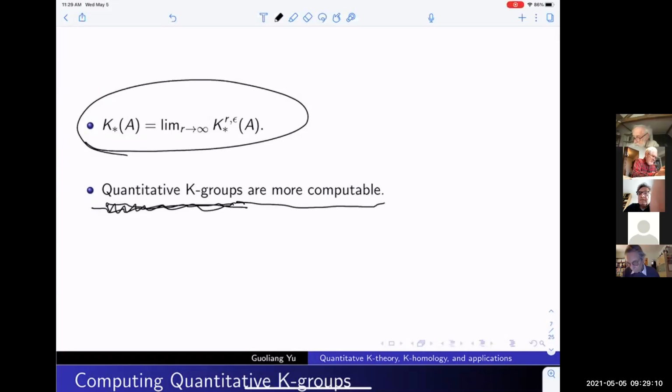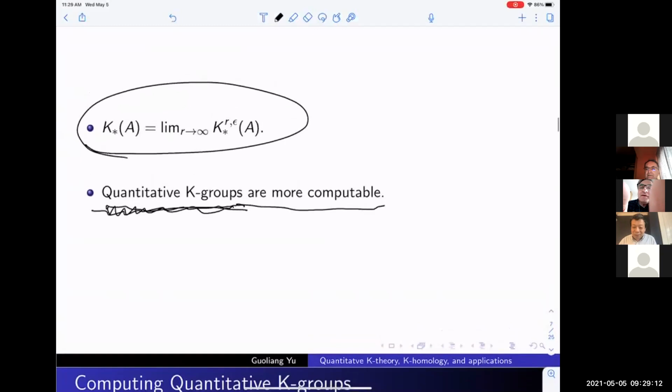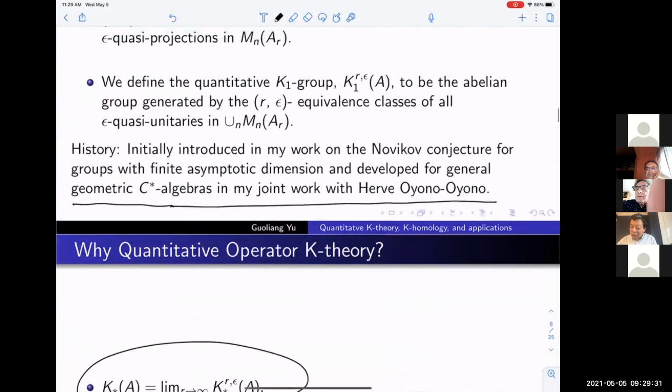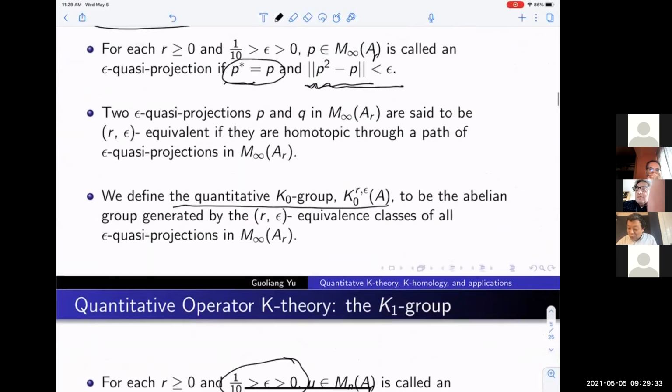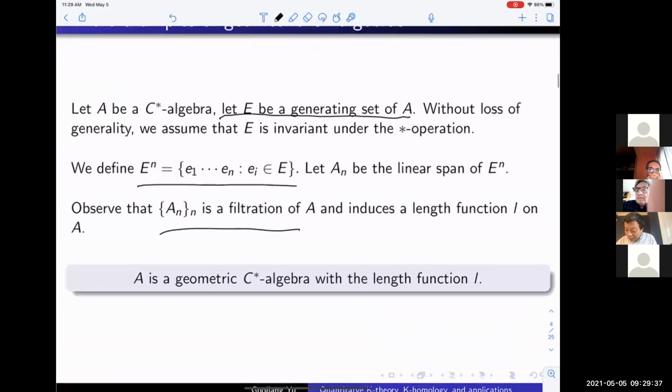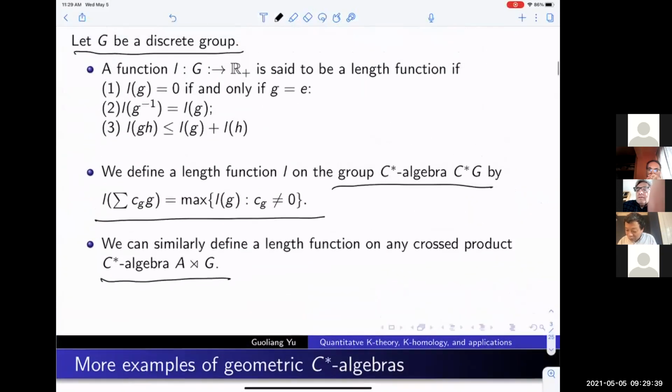Okay, thank you. Can I ask also? Hi, it's Ludwig. I wanted to ask from a mathematical physicist's perspective: if these C-star algebras are represented on a Hilbert space, what does this length function mean in the language of Hilbert spaces? Dimensionality on which these operators act, is there any meaning? Let's look at the group C-star algebra case.